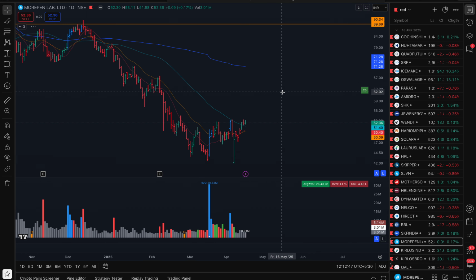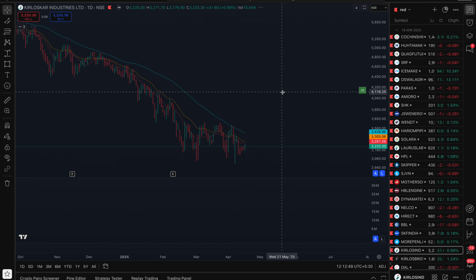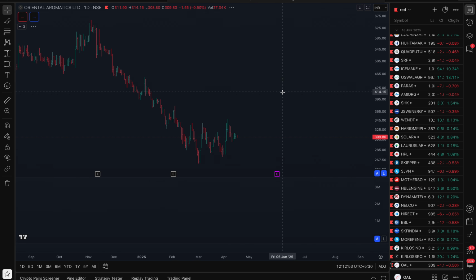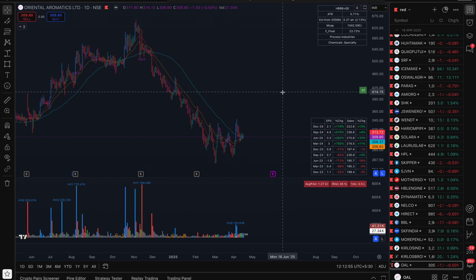Tight days. Orpen Lab, it's a reversal base. Kirloskar Industries, reversal base. Kirloskar Brothers, reversal base. Oriental Aromatics. Now you look at what's happening here very carefully.